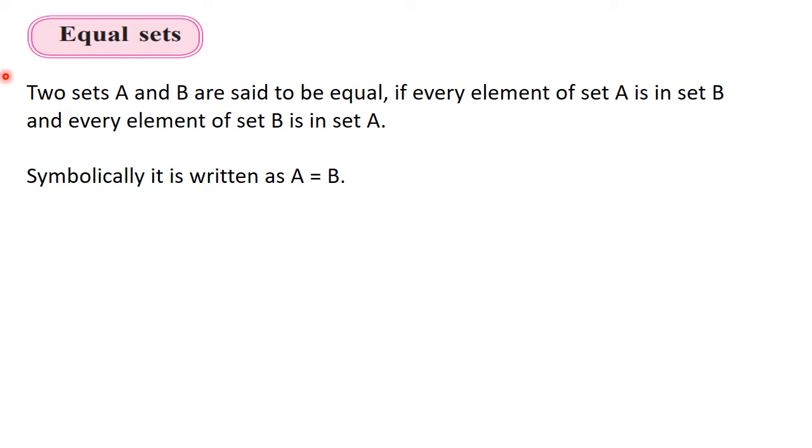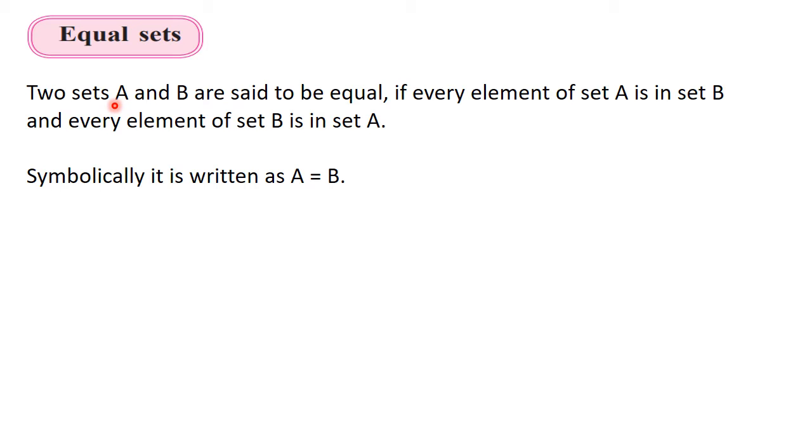After this, as I have said, we have different types of sets again, but now these are not depending upon the number of elements in the set. This is different. So equal sets: when can we say that two sets are equal?